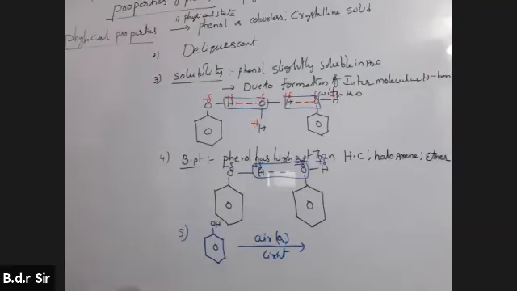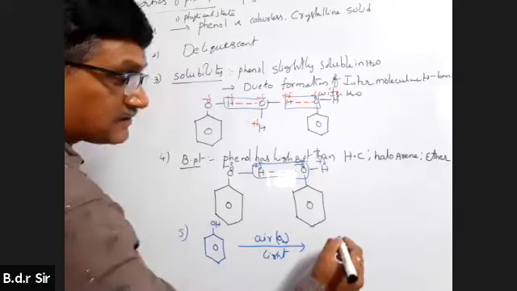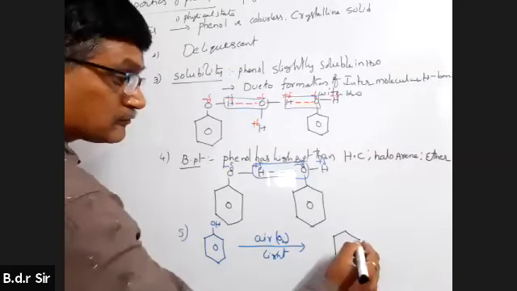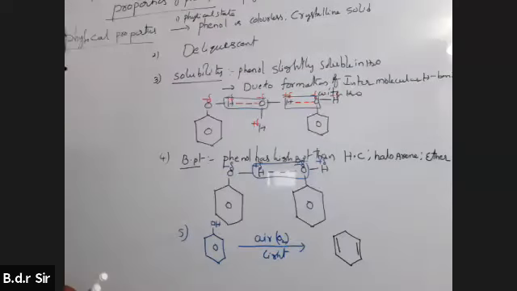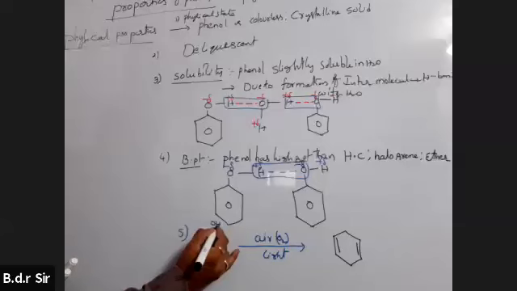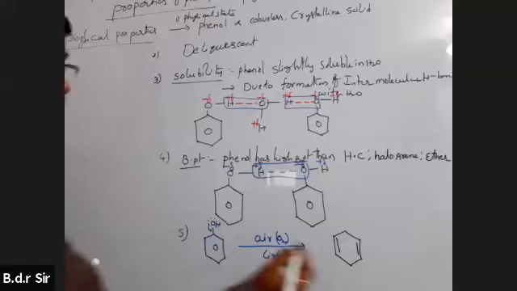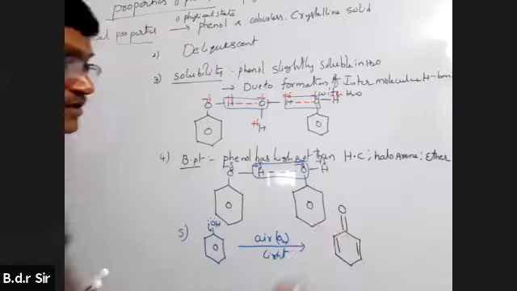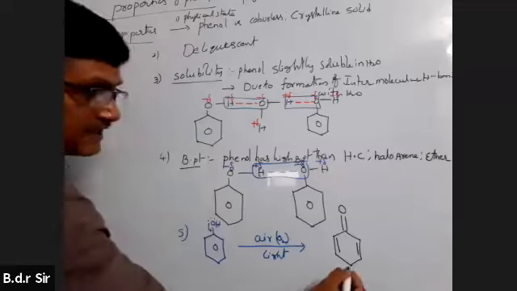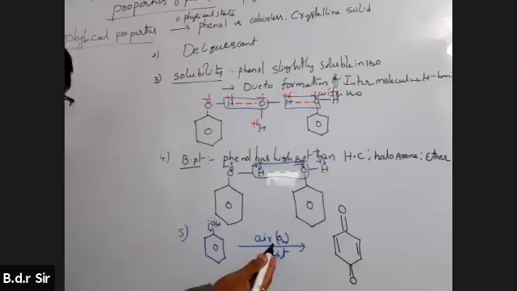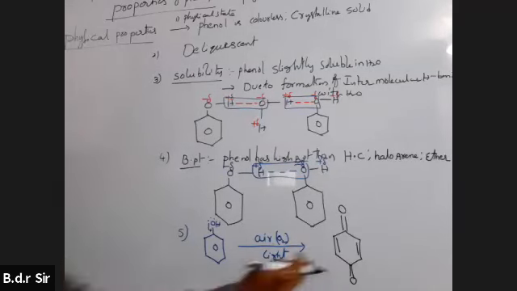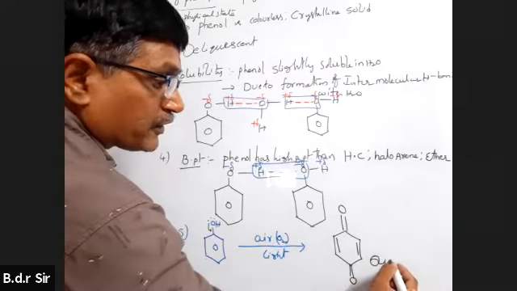Observe the product. When hydrogen is removed, the lone pair of electrons is involved in bonding here, so it gives this compound. Here also oxygen is added, it is coming from air. What is the name of this compound? Its name is quinone.